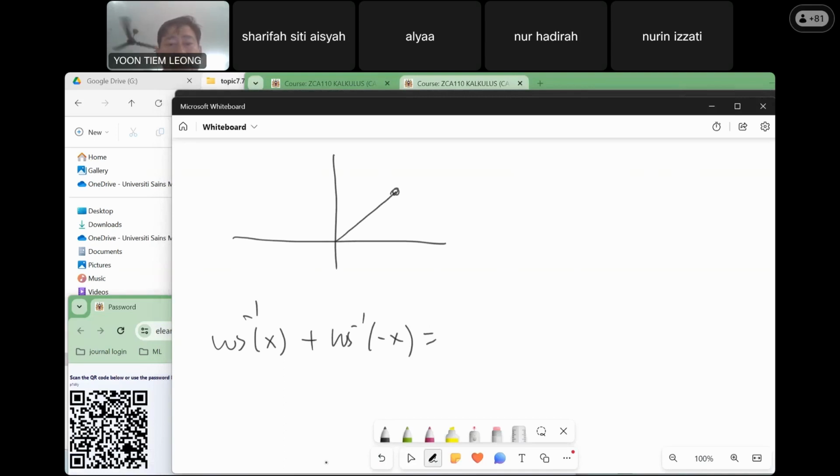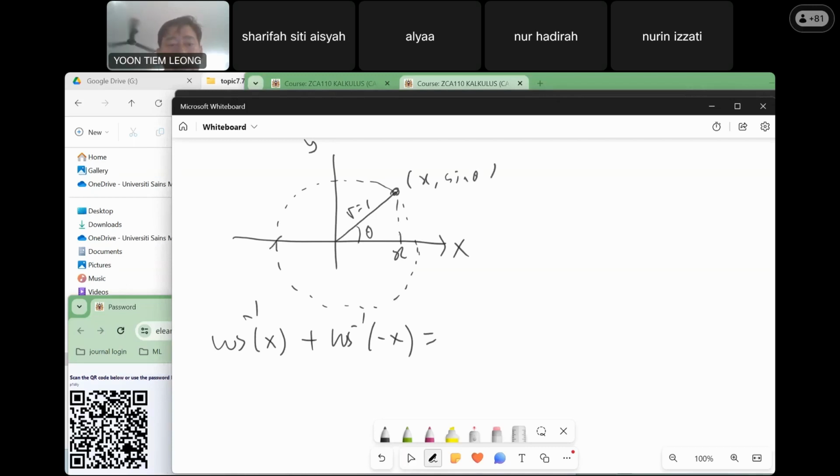Say you have an xy plane, and then you have an angle where the angle has a radius of r equals 1, and I imagine that this is lying on a circle with the unit radius r. Then the point is described by x and sine theta.